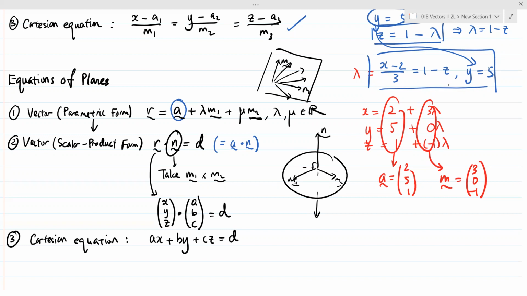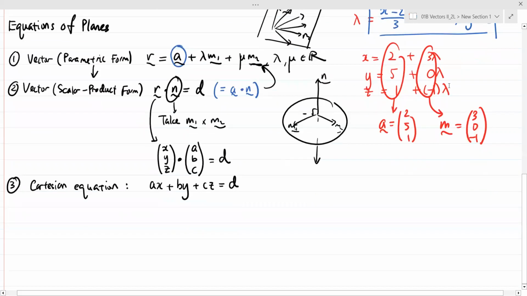Do you know how to go from this form to this form? How do you go from scalar product form to vector form? So let's say, okay, let's take an example.